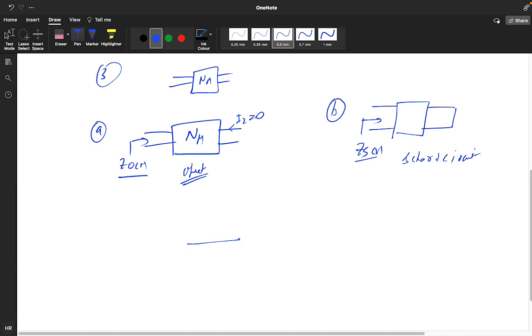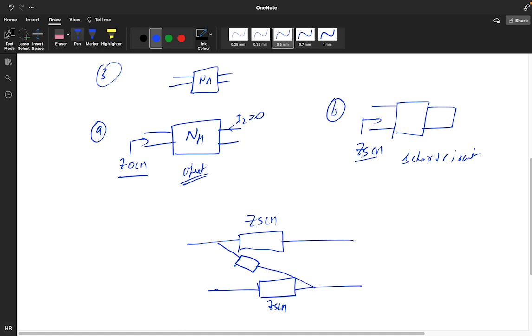Now what you have to do, make the network like this. The lower one will represent ZSCH, and these two will represent your ZOCH.